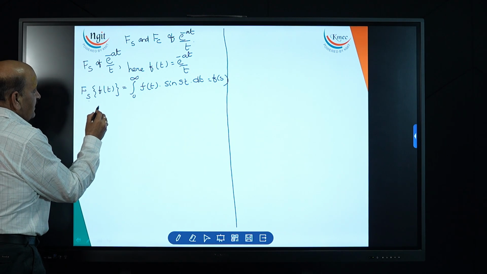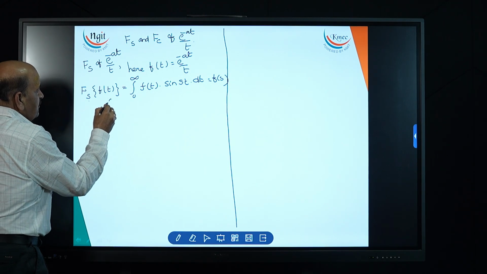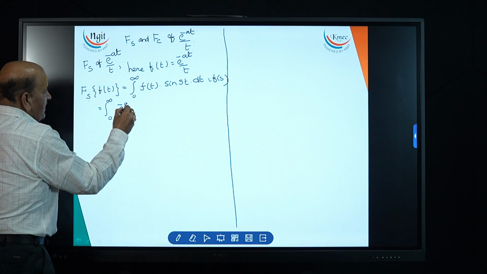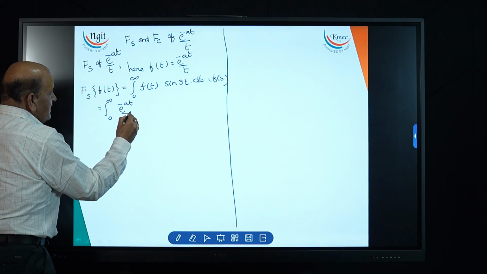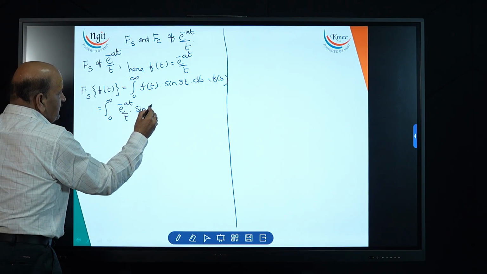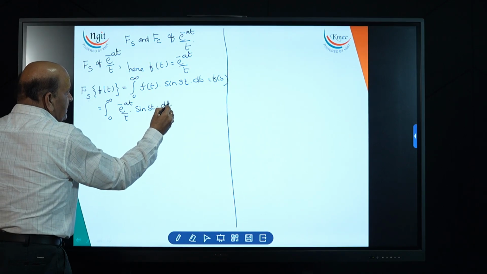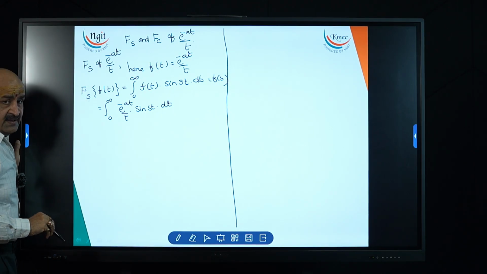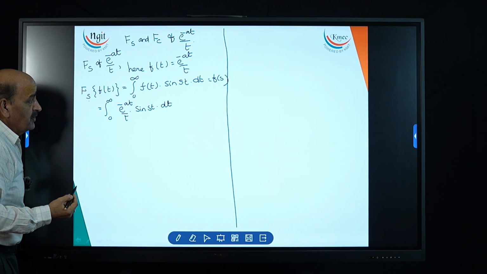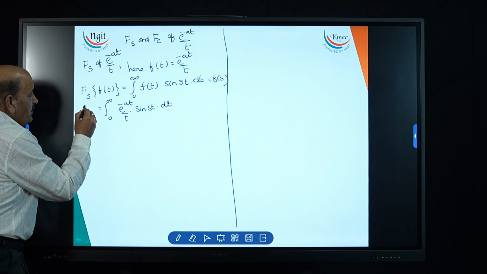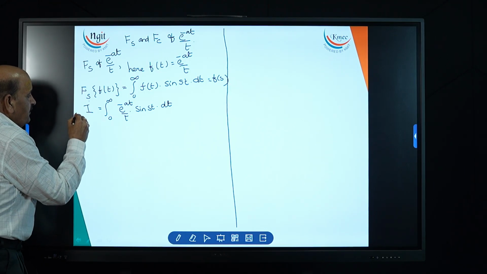Now this is equal to integral 0 to infinity e power minus at by t into sine st dt. In the denominator there is t. That t should be removed, so let it be I.